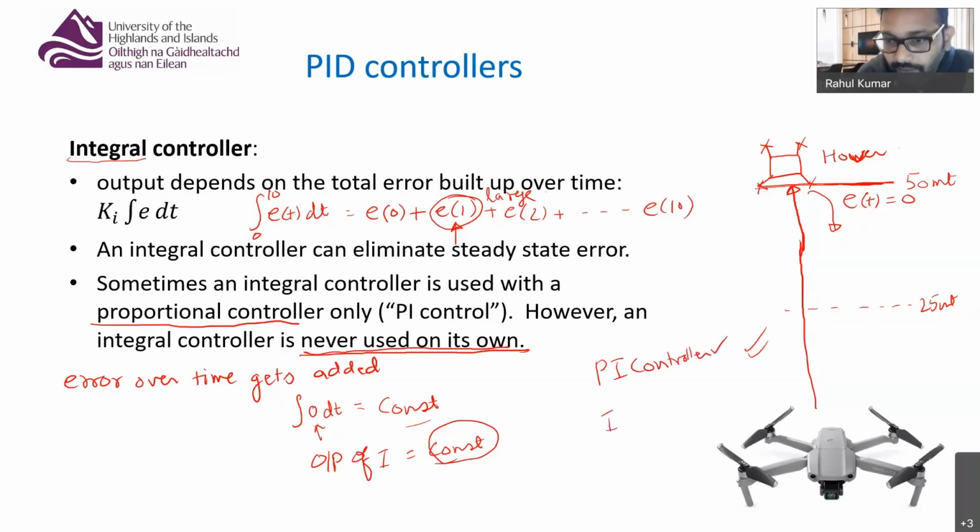You cannot have only an I controller because, as we know, because of integration the errors will get added up, and if there is a large error for a small time also, it will create a disaster, or it will generate a correspondingly large control action. So that is why an integral controller is never used on its own.